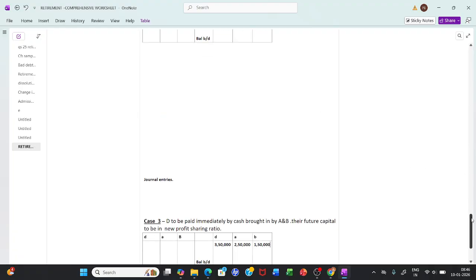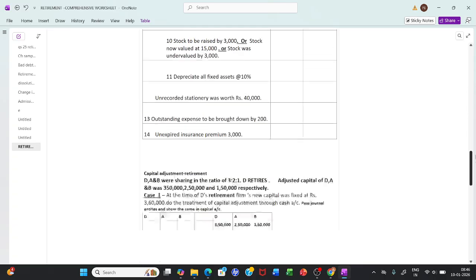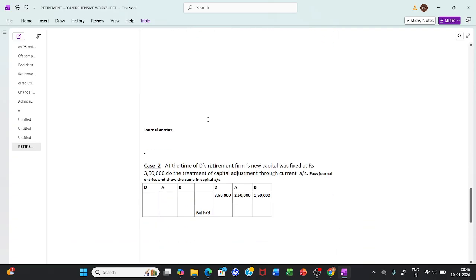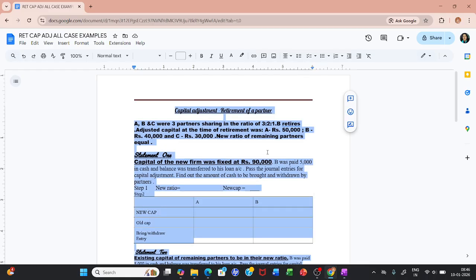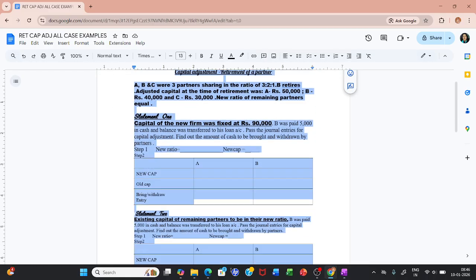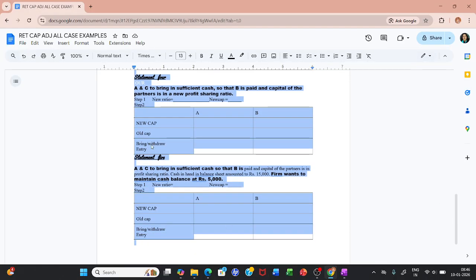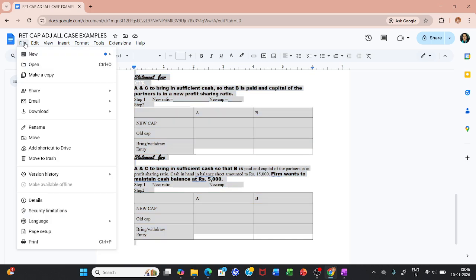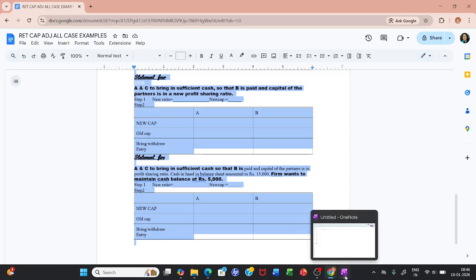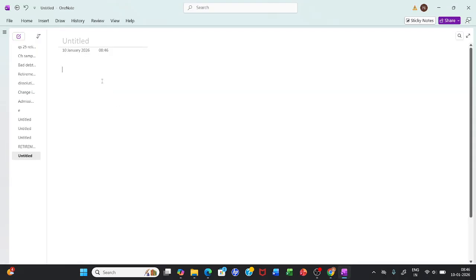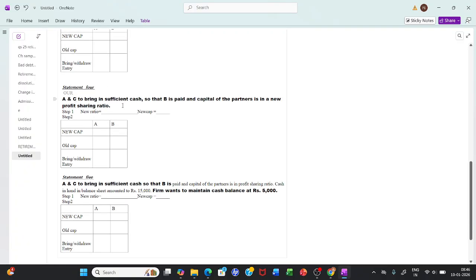So there are different cases which are given, all have been shown together. So let's look at all cases one by one.